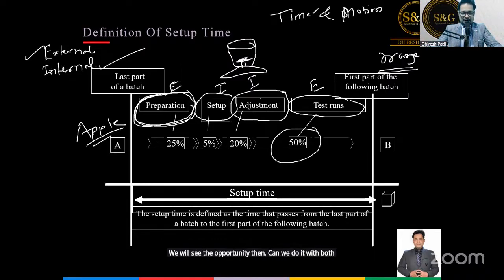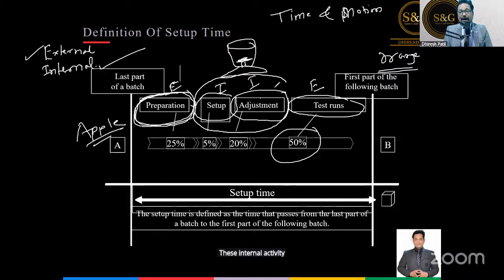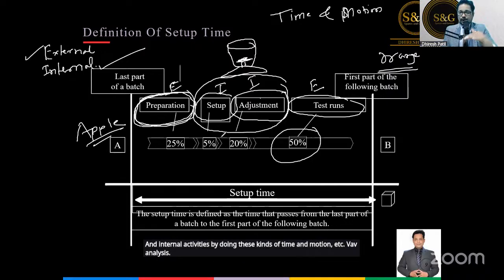Let's say, for example, lift the pen from the right hand, lift the cap from the left hand, insert and press fit. By doing this, actually we are saving 50% of the time. So by doing these kinds of things, this internal activity timeline also can be reduced. So external activities are done parallel, and internal activities, by doing time and motion, VA and NVA analysis, you can reduce that time further.